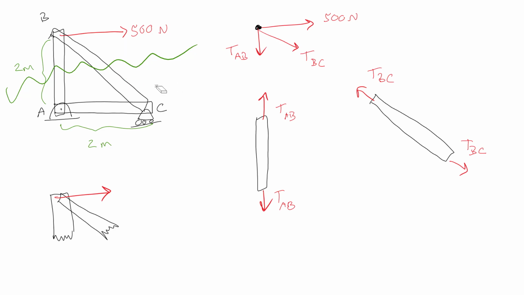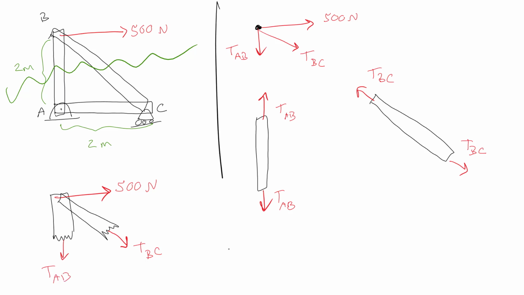That's a huge part of this. That means that with this tension here and this tension here, there's no shear. If we had forces not applied at the points, then we could have shear. But that ends up here with this 500 newtons, tension BC, and tension AB.